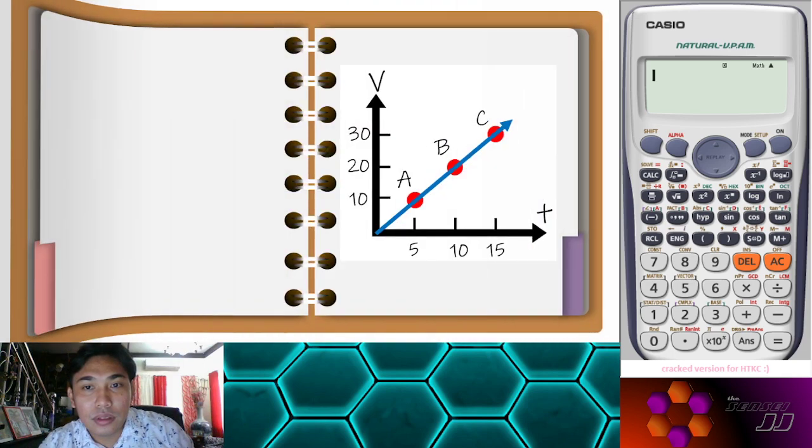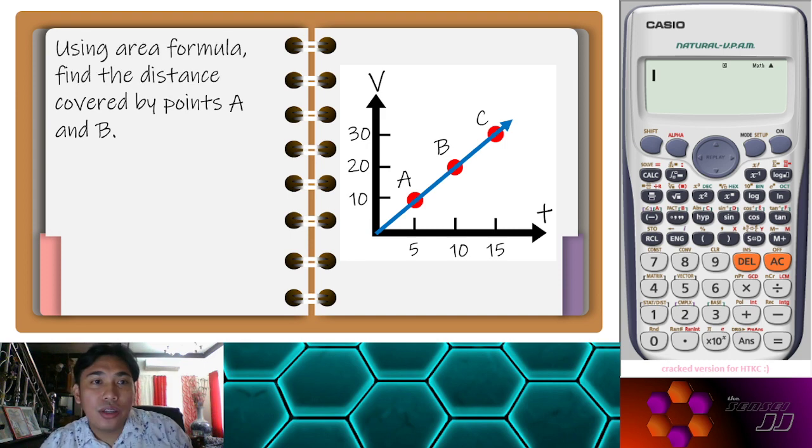Next, using the area formula, find the distance covered by points A and B. As you can see, guys, a while ago we used the point slope form, and with point slope form we get the acceleration.